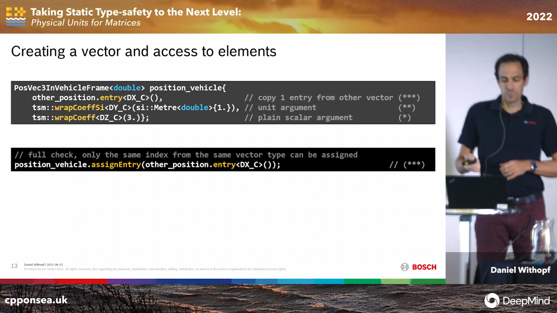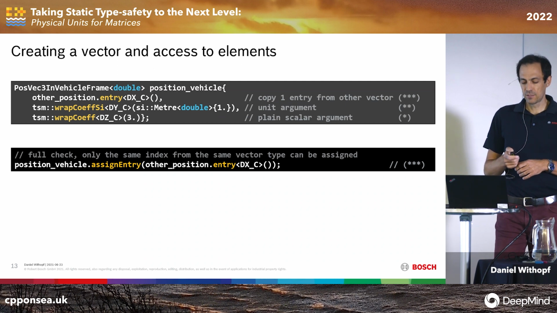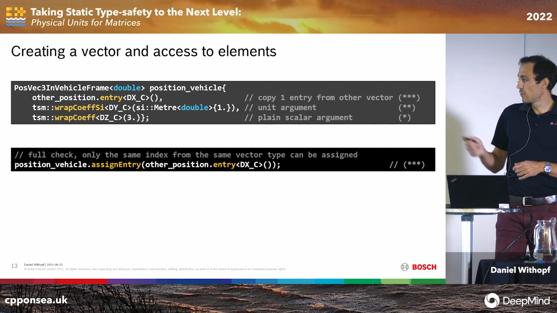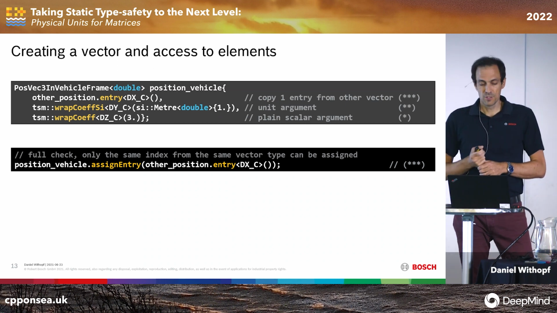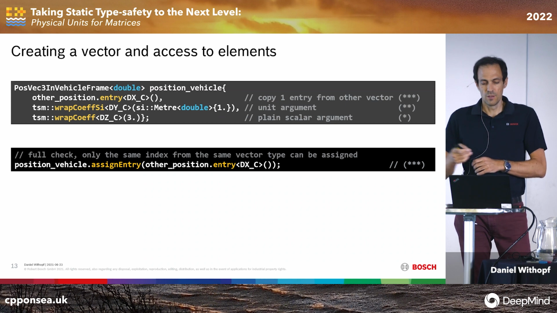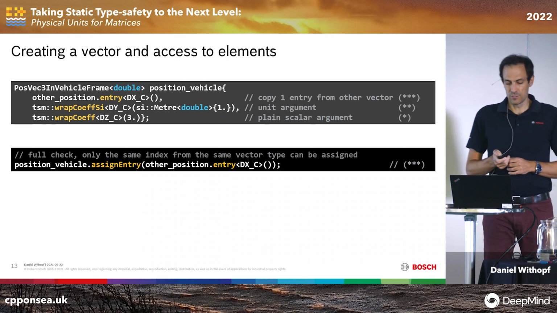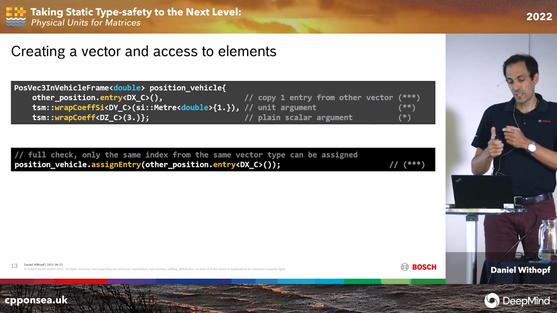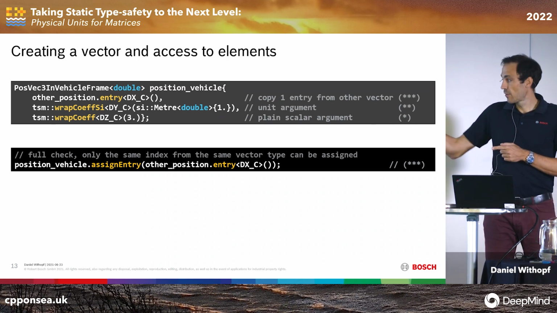Now the same thing can be done when we want to read or write from a vector. So when we've constructed it, we can then use the assign entry method to assign an entry and the entry method to read an entry from another vector or matrix. And this is again the most type-safe version. So there's a check that dx is actually contained in other position.